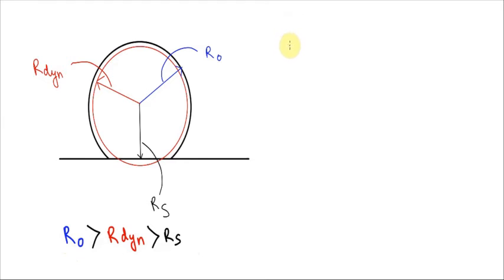And again, if we need to measure the circumference, we'll always consider u as the circumference, 2 pi r, and the r here will be the dynamic one. The dynamic radius will be considered for calculating anything regarding the radius of the tire.